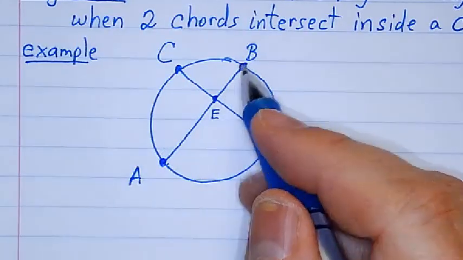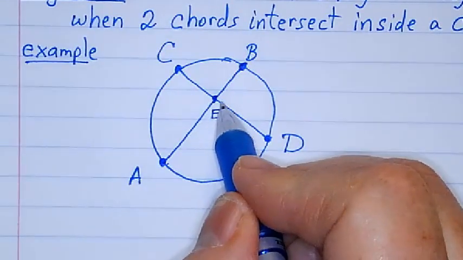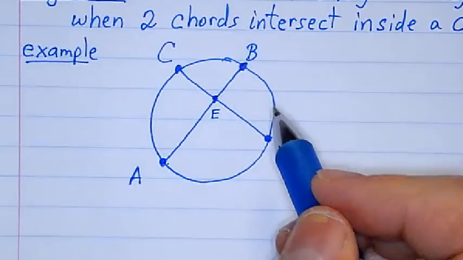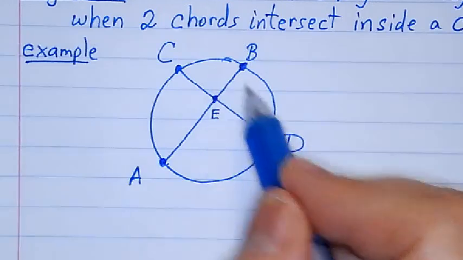Hopefully you'll say 2. One segment was from A to E, and the other part was from E to B. So each chord was chopped up into 2 segments.